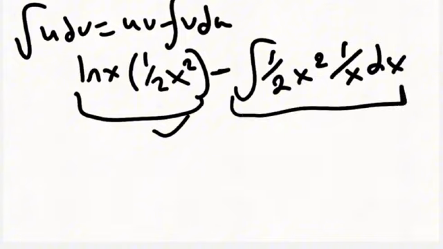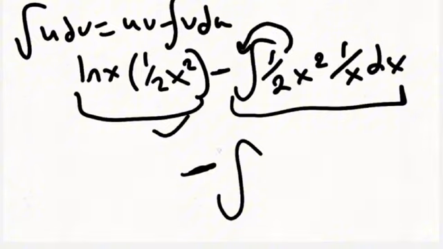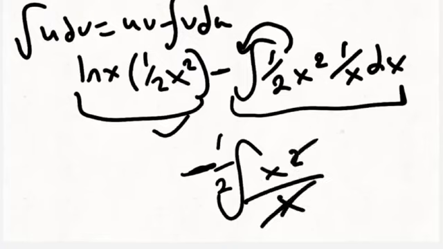Okay. And if we solve this out, well, this is already solved out. But the only problem is right here, this looks like another tricky one. But luckily, all of these values right here are actually all algebraic. So what we can do is just say minus the integral of, we can factor out the 1/2. Then we can do x squared over x, but the x cancels out, times dx. Okay, let me write it down a little more clear.